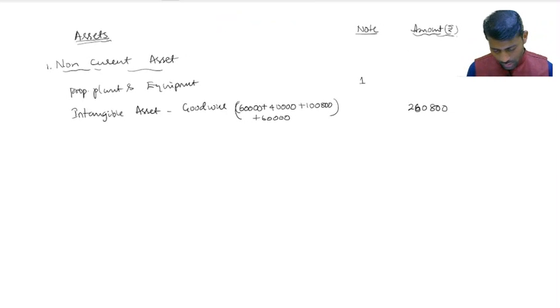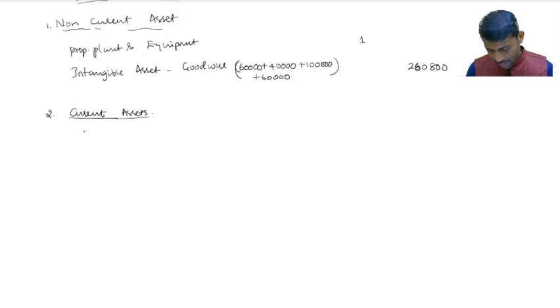Next, do you have any non-current investments? Nothing, it has been cancelled. Then let's go to current assets. Under current assets, first is inventory. We have the stock reserve adjustment, so we give it in note number 2.